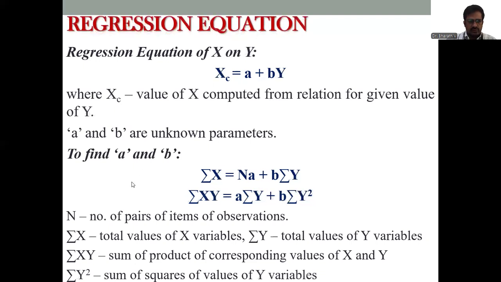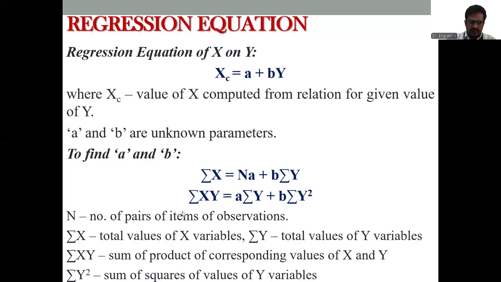It's the same for the equation of x on y. Here x is the dependent variable and y is the independent variable. To calculate the a and b parameters, the first equation is sigma x equals n multiplied by a plus b multiplied by sigma y.